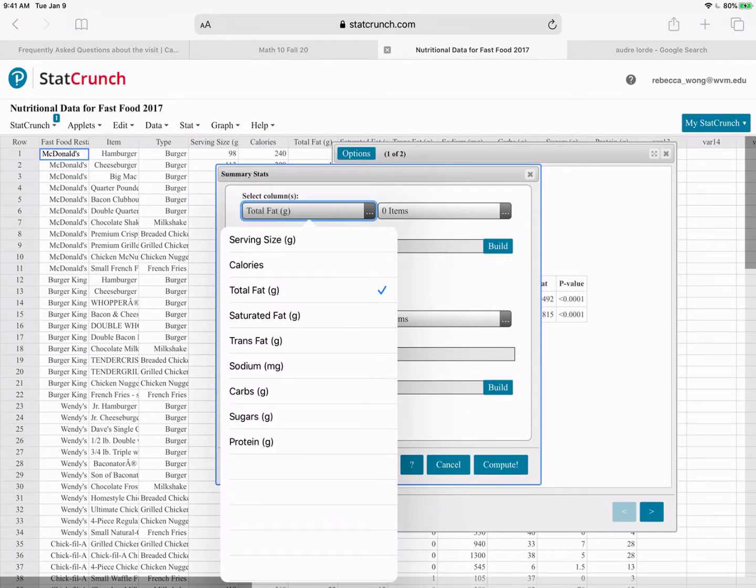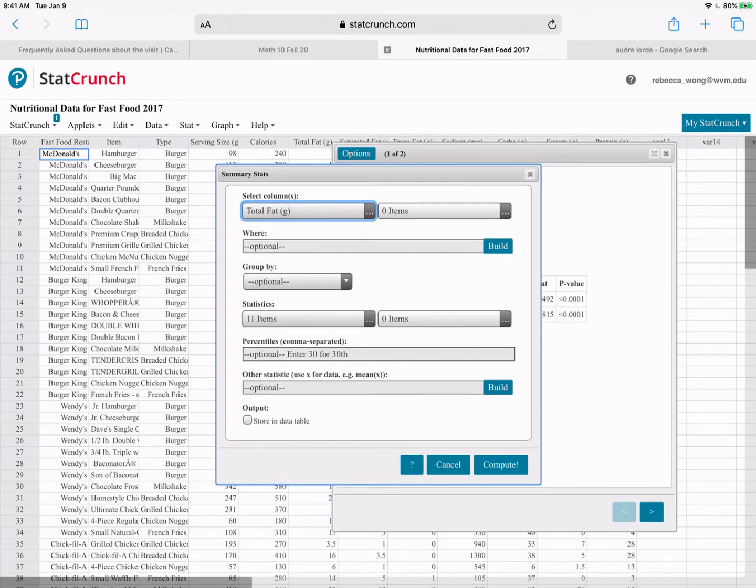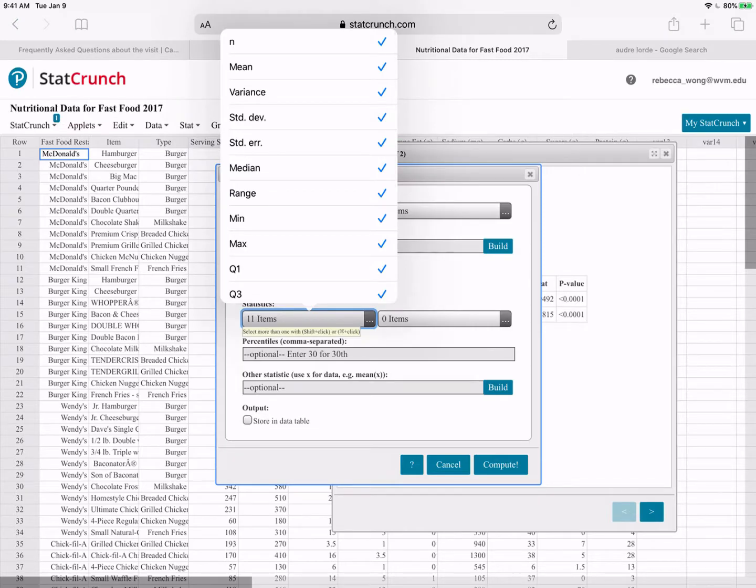If you just went to compute, it would give you all of these items, which would be fine. But if you don't like being distracted, you can simply pick out the ones you want. So let's deselect all of these. What we want to know is the minimum number, the smallest number, and the maximum number, the largest x value in the data set.